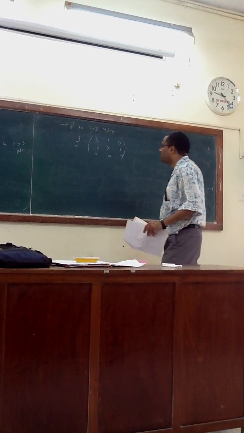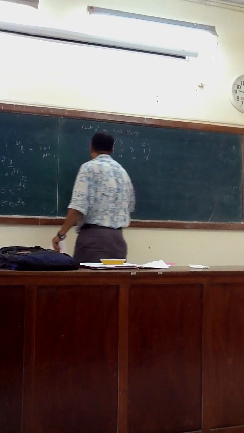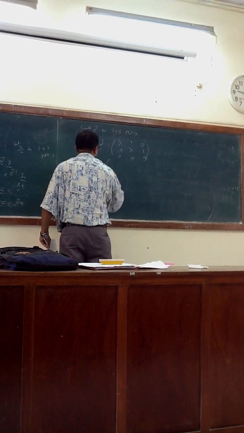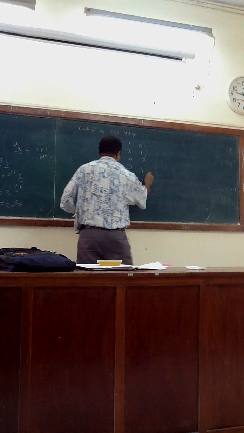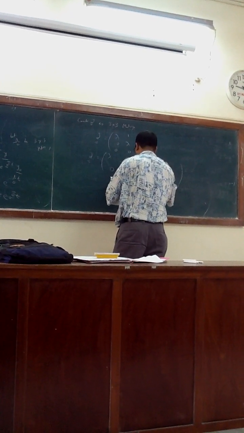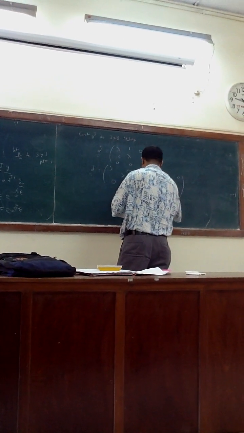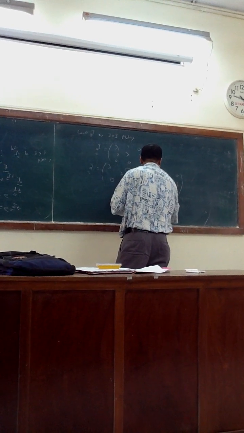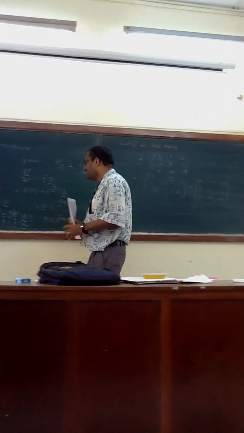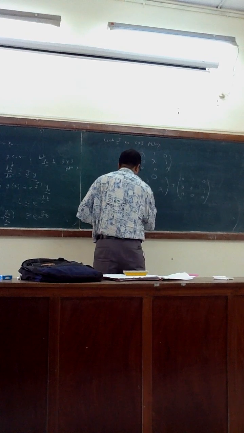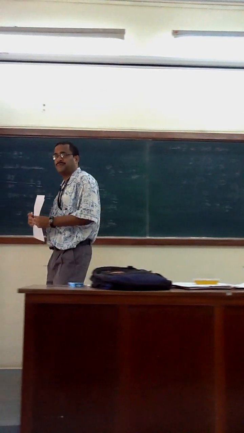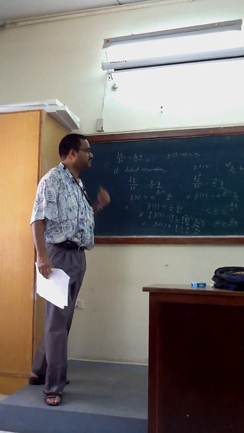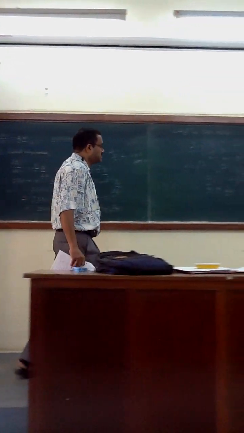Now, I want to find out e to the power j. So this j can be decomposed as lambda, lambda, lambda, 0, 0 plus this matrix 0, 1, 0, 0, 0, 1, 0, 0, 0. And I say the first matrix is J1 matrix, and the second is J2 matrix.